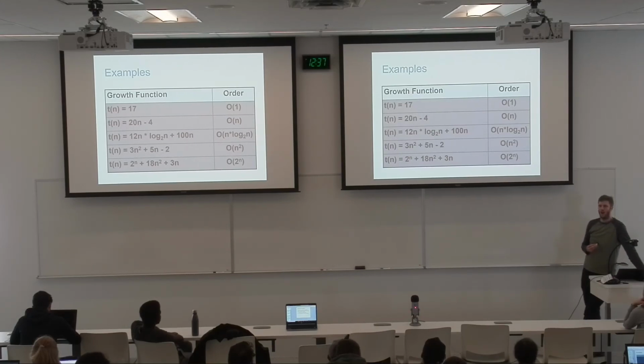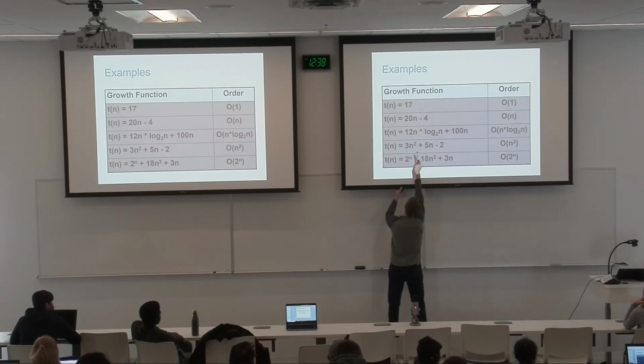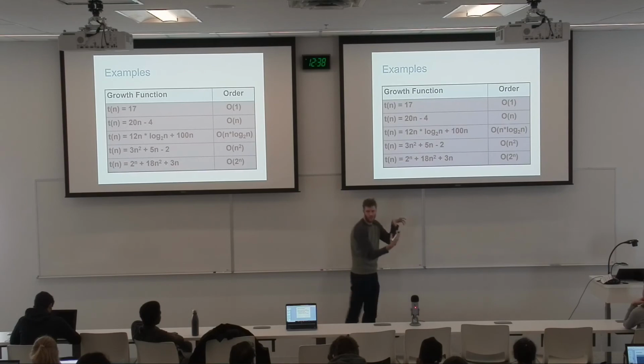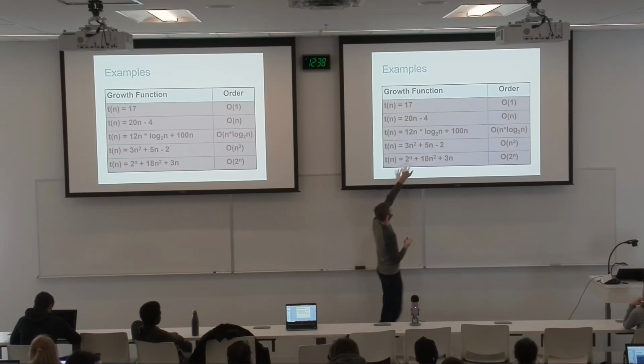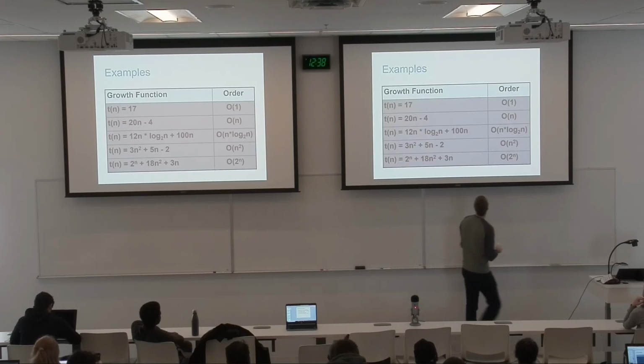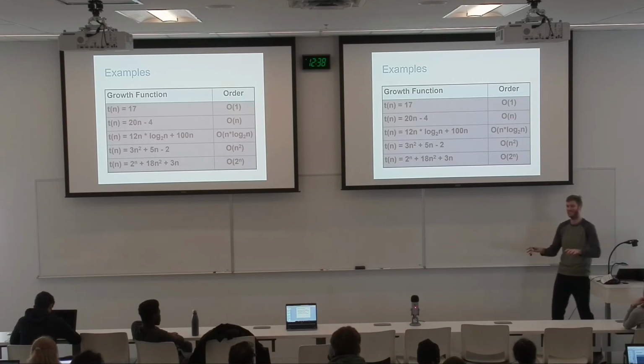This one might throw you off a little bit, but really we see 12n times log n. That's like one term. Okay, so there you go. As n increases, it's going to grow like that. 3n squared plus 5n minus 2, order n squared. 2 to the n, that's a bad one. If you write an algorithm that's 2 to the n, you're in trouble.